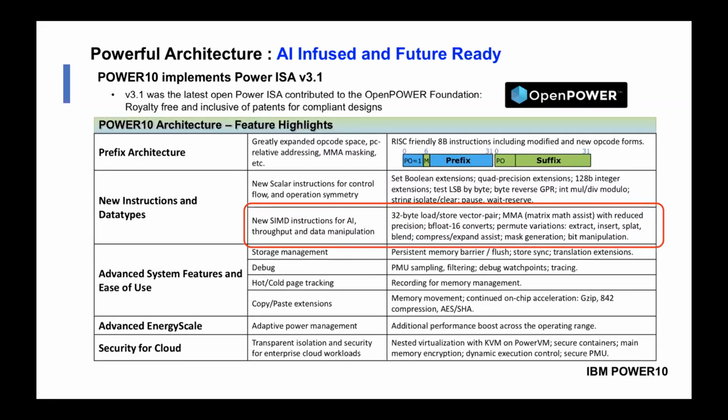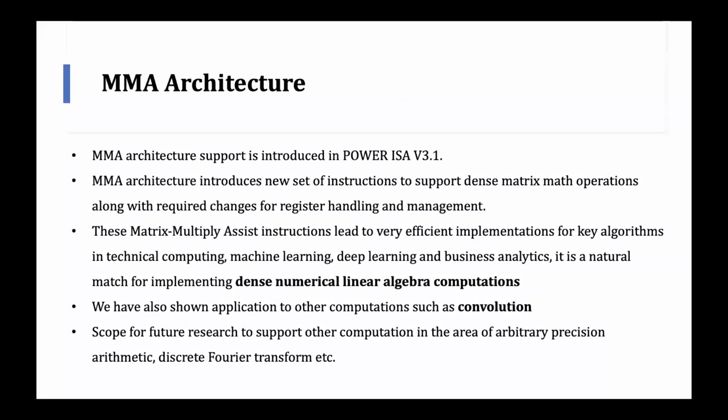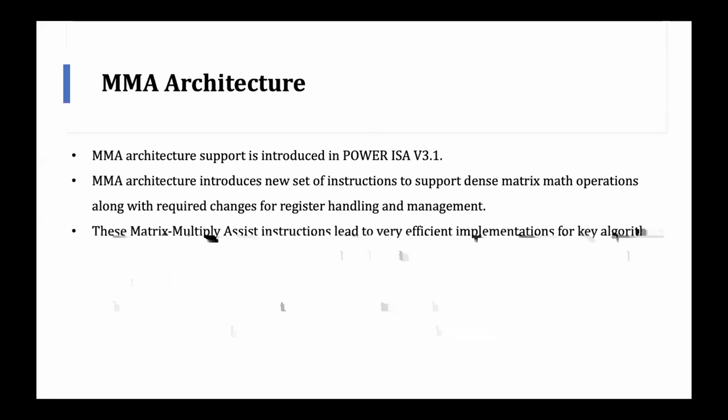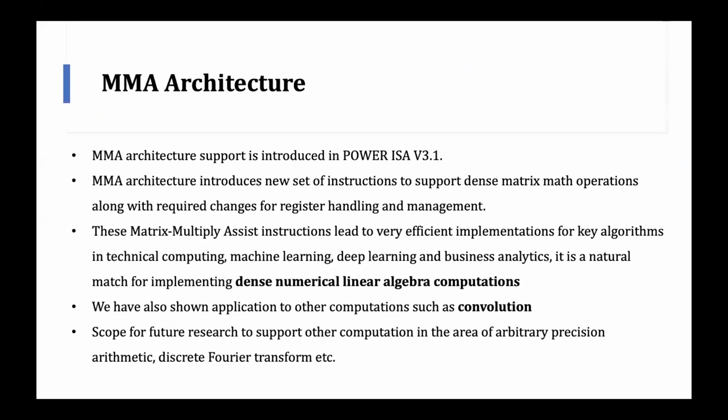So let's take a deeper look into what this MMA is about. Basically, MMA is a matrix multiply assist instruction architecture. With the introduction of this new architecture, you have a single instruction which can help you do a matrix multiply type operation.